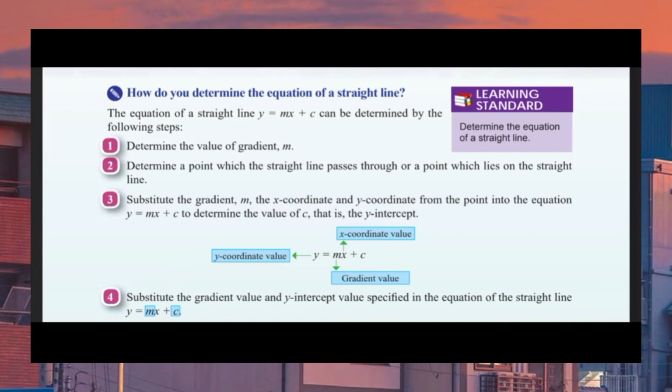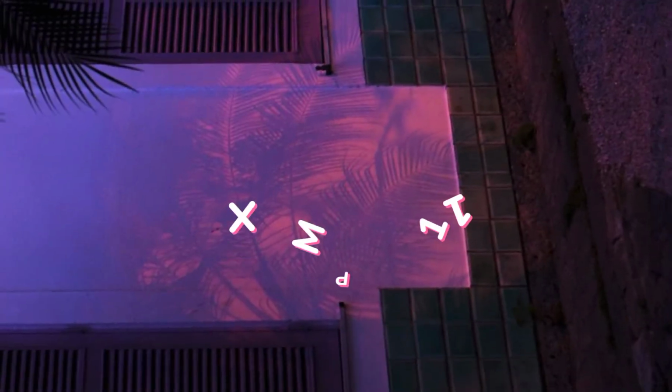After that, substitute the gradient m, the x-coordinate and y-coordinate from the point into the equation y = mx + c to determine the value of c, that is the y-intercept. Lastly, substitute the gradient value and y-intercept value into the equation of the straight line y = mx + c.